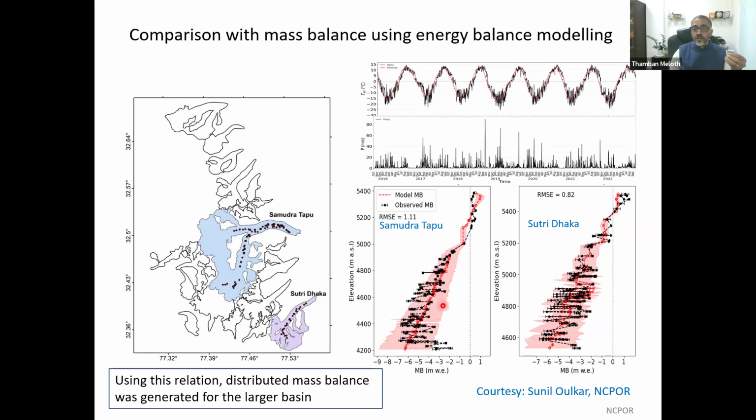This clearly supports that it is possible to use these models to efficiently identify distributed mass balance across the basin, as well as to use them for future prediction of how they will respond to future changes.